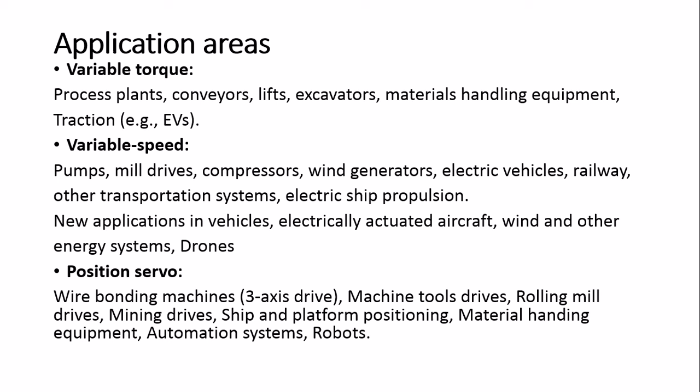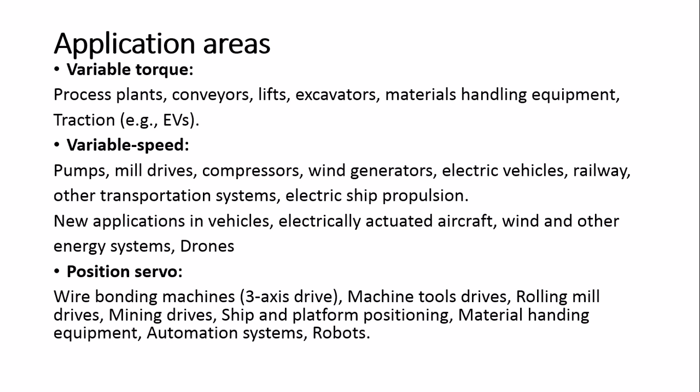Some applications of electrical drives. First is variable torque, variable speed, and position servo. Variable torque means process plant, conveyor, lift, actuators, material handling equipment, and traction. When I am talking about variable speed applications, we are talking about pumps, mill drives, compressors, wind generators, electric vehicles, railways, other transportation systems, and electric ship propulsion.